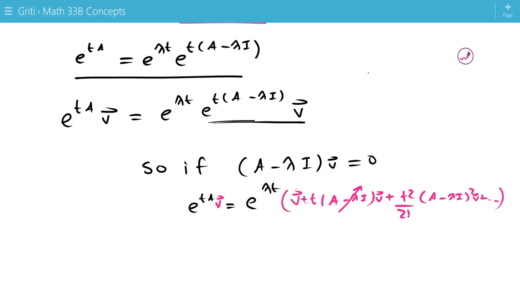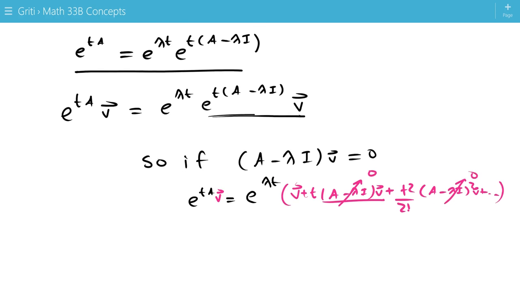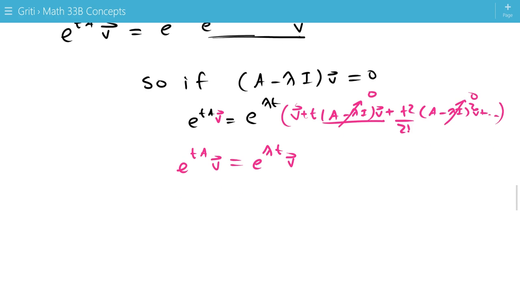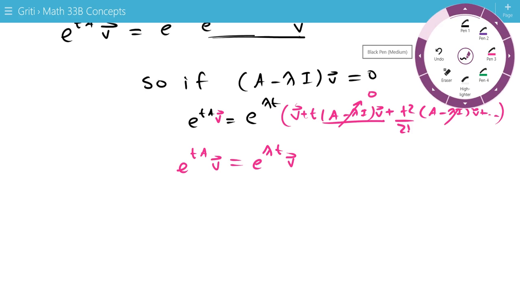So since v times this is equal to 0, that'll go to 0, that'll go to 0, and then we'll be left with e to the tA times v equals e to the lambda t times v. Or sorry, yeah, that's correct. So that's not the case.